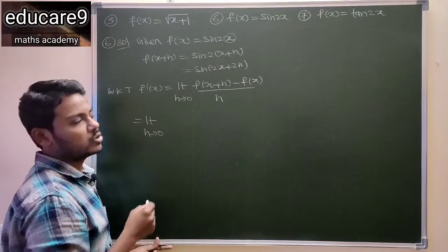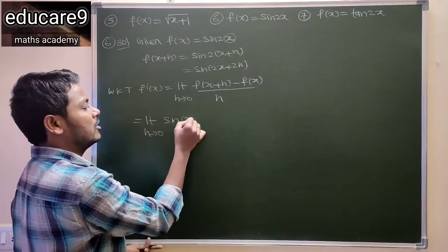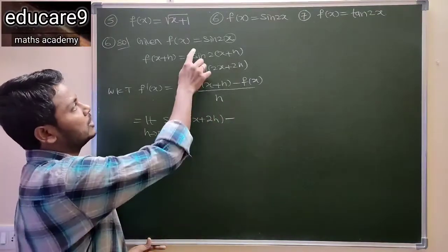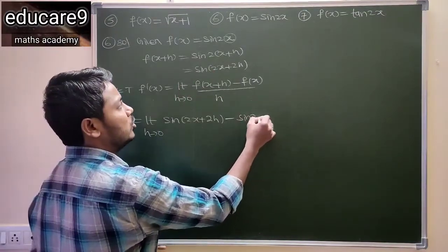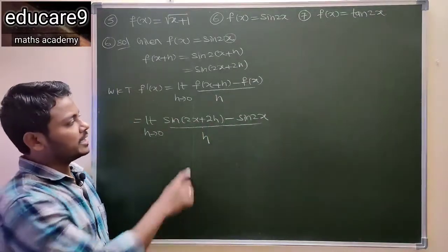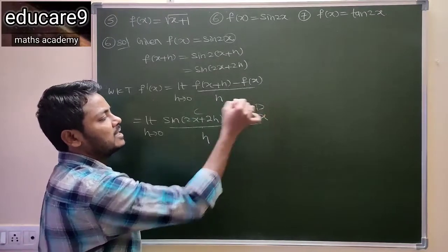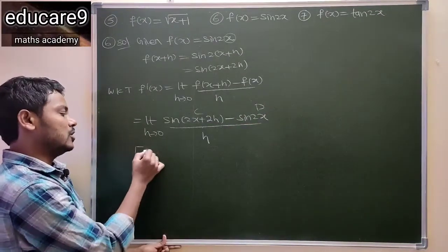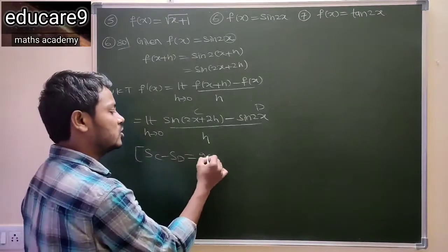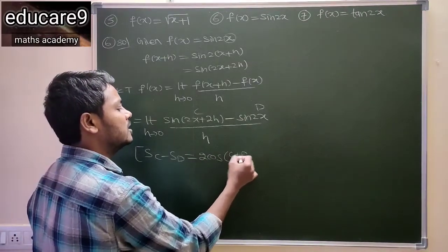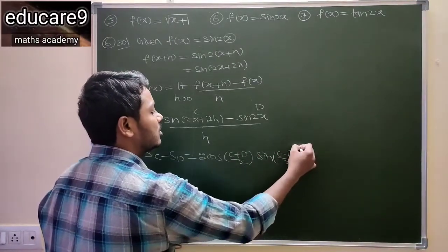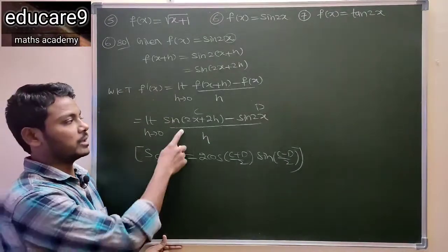Sin of 2x plus 2h minus f of x value, that is sin 2x, divided by h. So we can bring it to the form of sin c minus sin d. You know that sin c minus sin d form is 2 cos of (c plus d) by 2 sin of (c minus d) by 2. So we have to use this formula here.